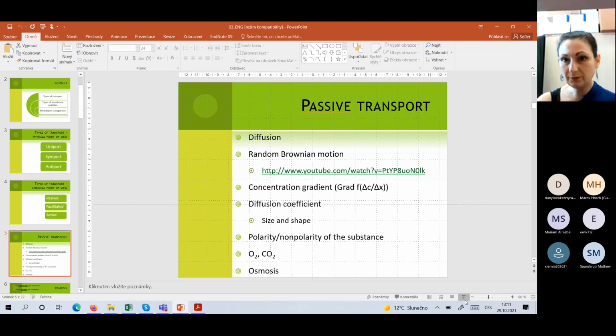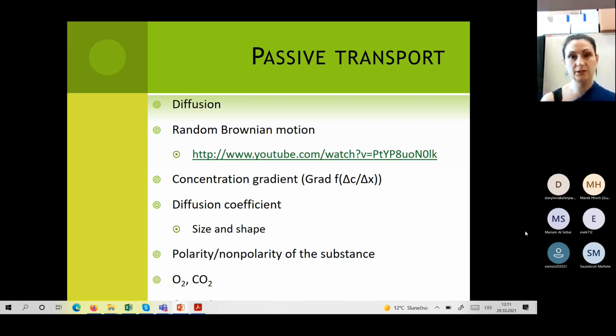About diffusion. Normally, you can clearly imagine that people, also animals, everyone is moving. Movement is a typical characteristic of the majority of living organisms. However, is it the same also for particles? Yes, it is. Molecules, atoms, all the chemical agents, they are moving. And the movement is random.